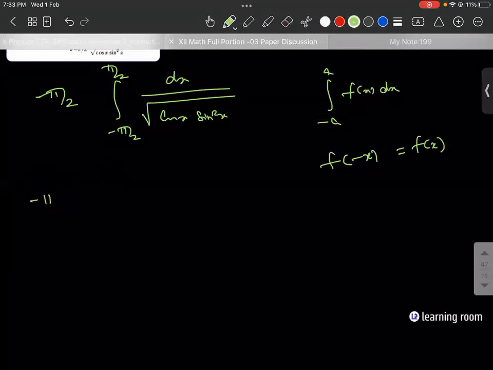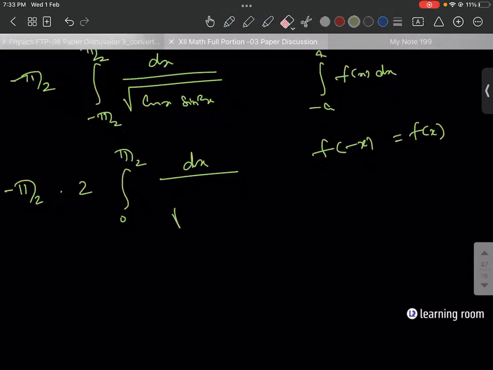2 times integral of 0 to a dx divided by root of cos x into sin x. Can I write it like this? Just a minute.